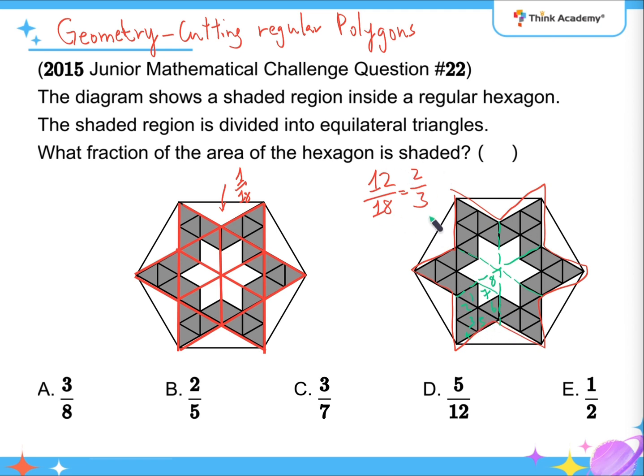Which means that the total shaded fraction is going to be 2/3 times 6/8. So if you're just simplifying it a little bit, that's going to be a half. So the answer is going to be 1/2. Okay? So that's how we can solve this question, by cutting it up.